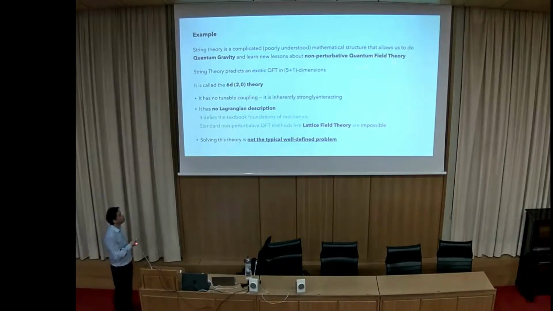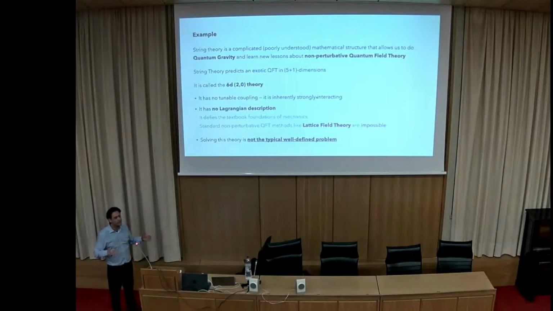Another very difficult problem is, well, we know how to do quantum field theory to some degree, but not really quantum field theory non-perturbatively. Again, a lot of talks encountered this problem. And string theory, which is an even more complicated encompassing framework, came out of this effort to solve these problems.